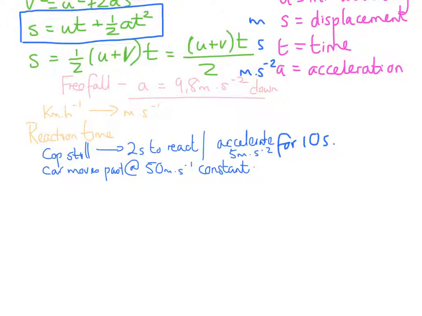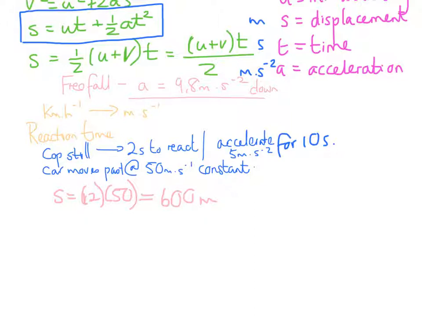It's at constant velocity, so distance is equal to, first it took 2 seconds to react, 2 times 50. That's the first part of the distance. And then it carries on for another 10 seconds, so I can actually say 12 times 50 over there, and I land up with 600 meters.